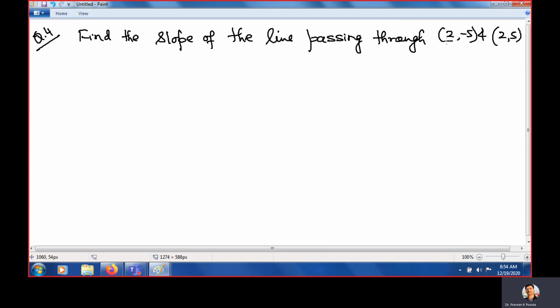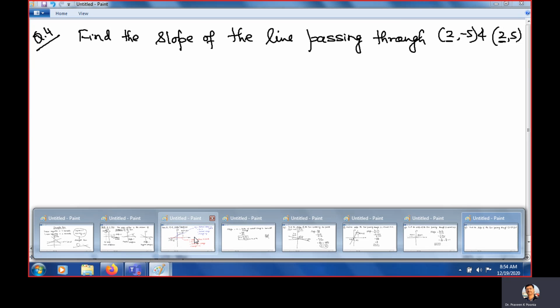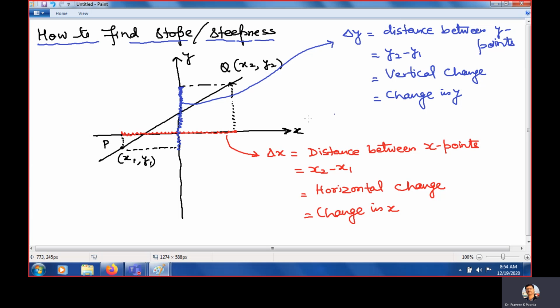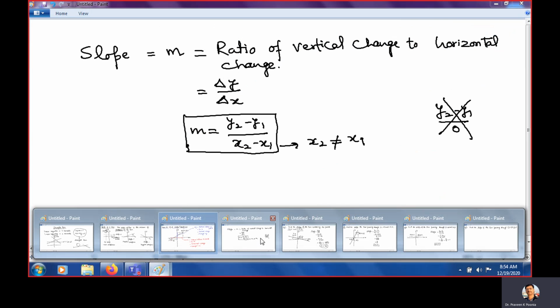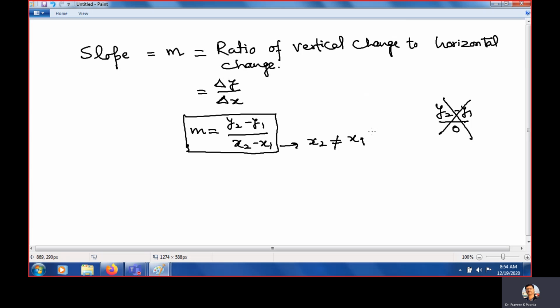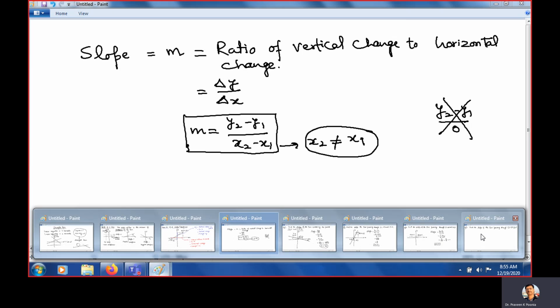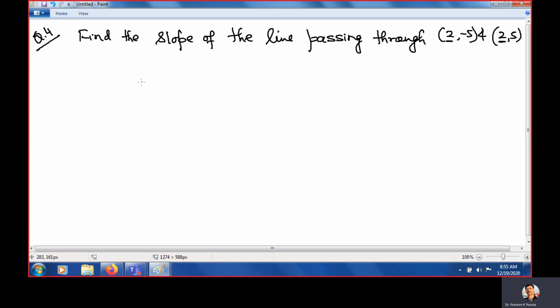Now you can see here x is same. X is same. And if you remember, I told you that x should not be same. It should not be equal. If it is equal, then it is a problem. But here it is a problem.